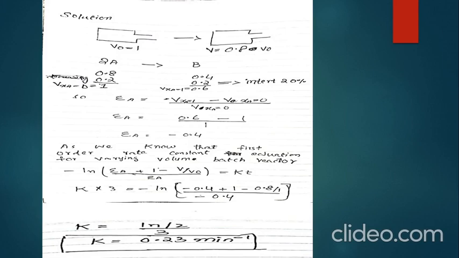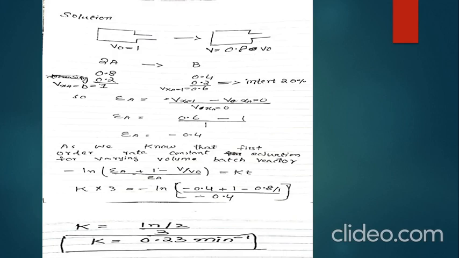So the total volume V naught equals 1, V at XA equals 0 is 1, meaning no conversion. After complete conversion we have 0.6, V at XA equals 1 is 0.6.